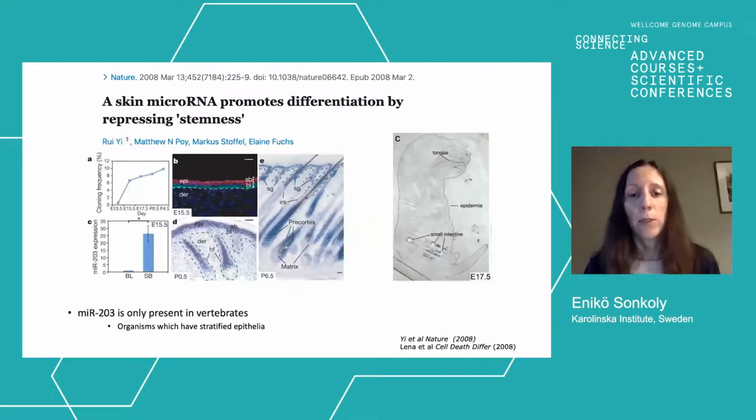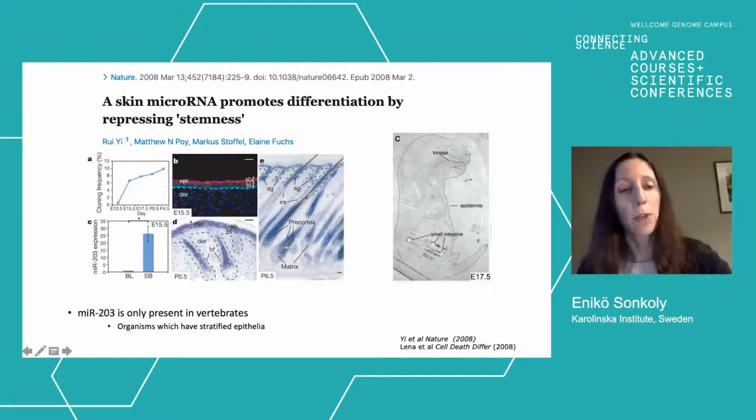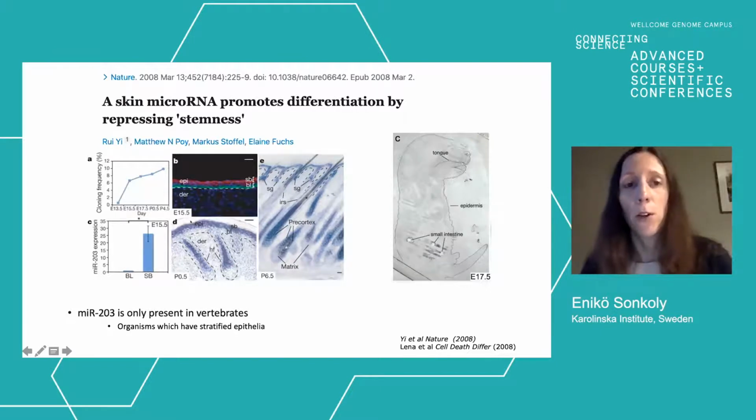And indeed, another group, Elaine Fuchs' group, showed a very similar expression pattern also in the mouse skin. As you see, miR203 was also absent or almost absent in the basal layer, with a high expression in suprabasal layers, also in the murine skin. Also they could show a very specific expression in the epidermis.